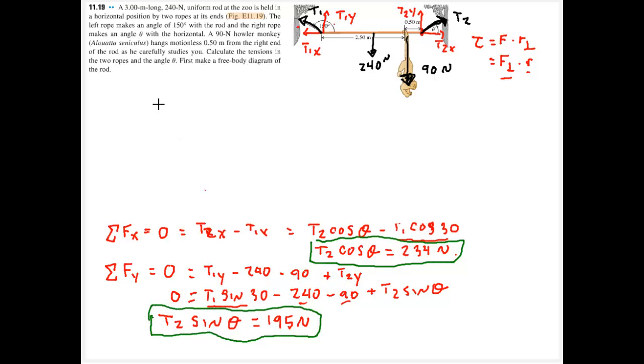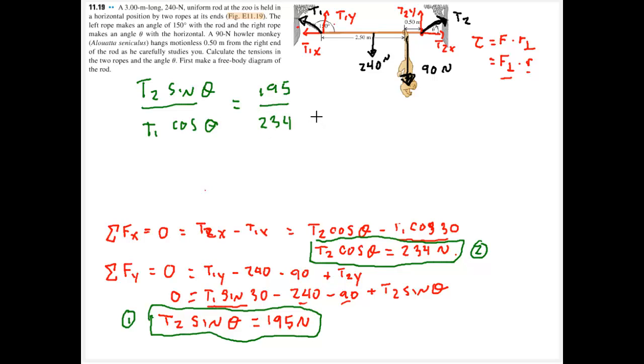Suppose I took those two and I divided them. I'm going to take 1 and divide that by 2. So I'm going to say tension 2 sine of the angle I don't know divided by tension 2 cosine of the angle that I don't know. That's going to be 195 newtons divided by 234 newtons.